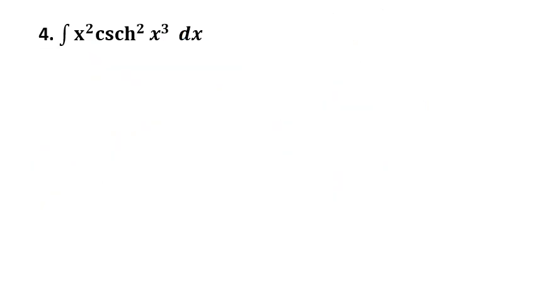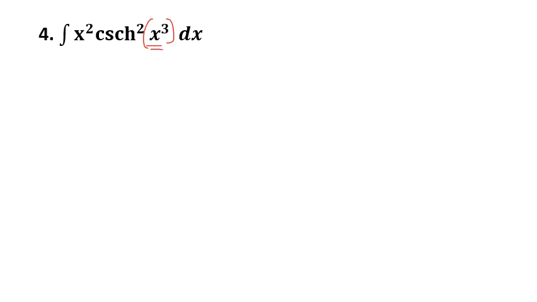Now let's have another example. I have integration of x squared times the hyperbolic cosecant squared x cubed dx. So this is your angle here next to your hyperbolic cosecant squared of x cubed.